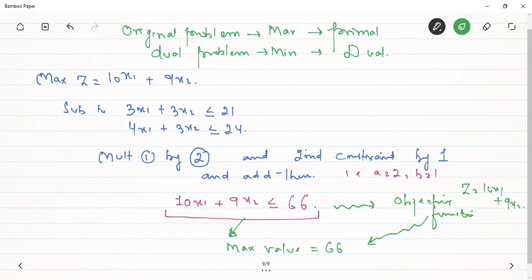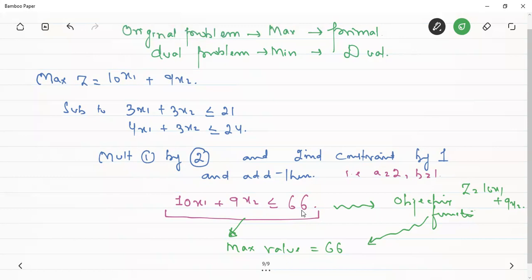In the previous problems, my operation on the constraints and their addition was such that it was not equal to the objective function. But here, my operation on the constraints and their addition is such that it is equal to the objective function. So I can directly say that the maximum value is equal to 66, because the objective function and the addition of the constraints after performing some operations is the same.